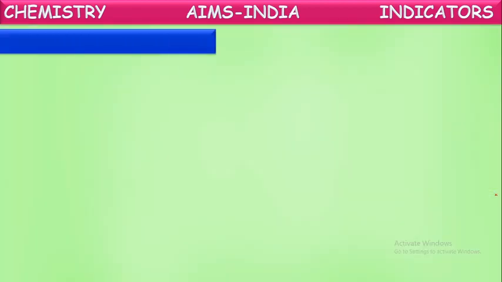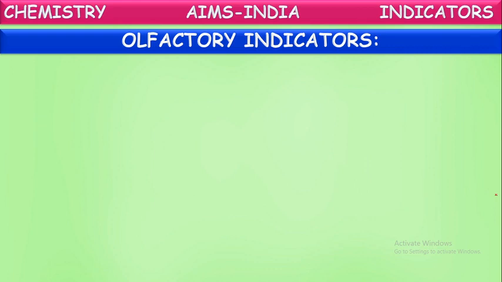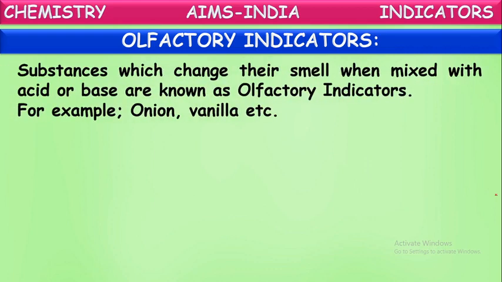Okay. Next, one more kind of indicators. They are olfactory indicators. The substances which change their smell when mixed with acids or bases are known as olfactory indicators. Olfactory indicators are the indicators which can be used for detecting acids and bases through a change in smell.